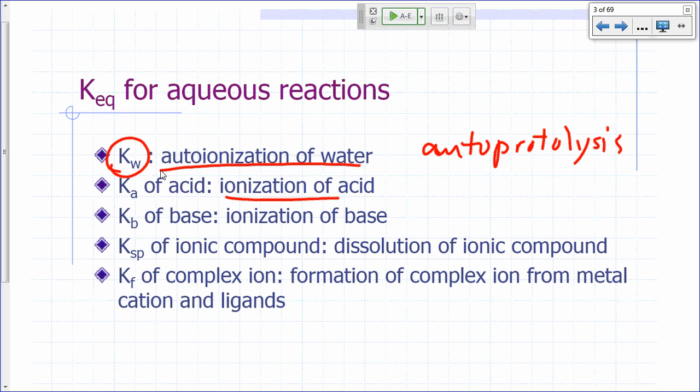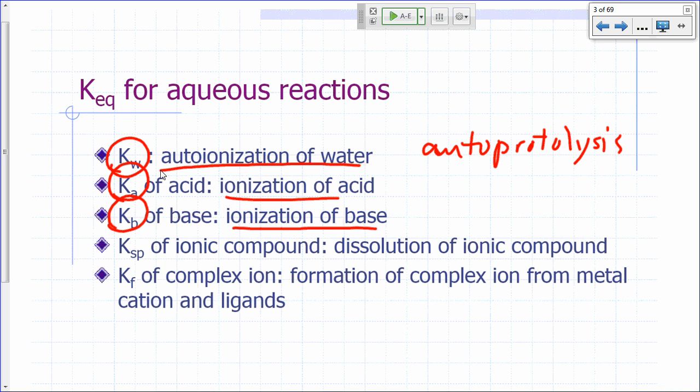For a reaction that involves the ionization of an acid in water, the equilibrium constant is known as the Ka of the acid. If you're dealing with a reaction that involves ionization of a base in water, the KEQ for that is called the Kb of the base. And that should be easy to remember. A for acid, B for base, W for water.